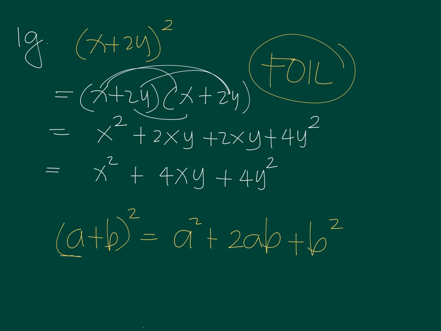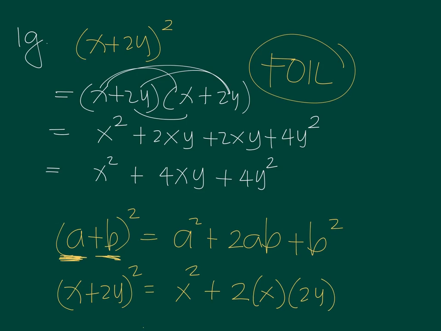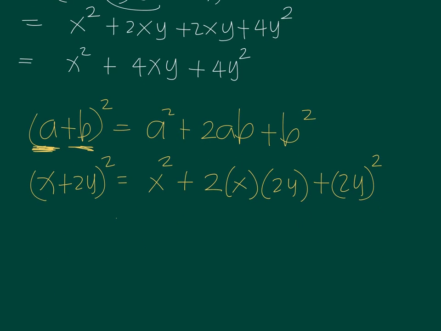A means whatever is written as the first term, and b is whatever expression is written in the second term. So if I have (x + 2y) squared, that means x squared plus 2 times x times 2y plus (2y) squared. All you have to do is simplify.